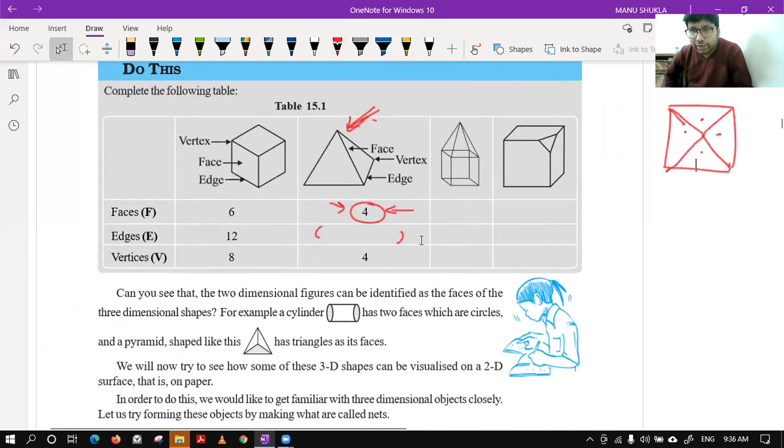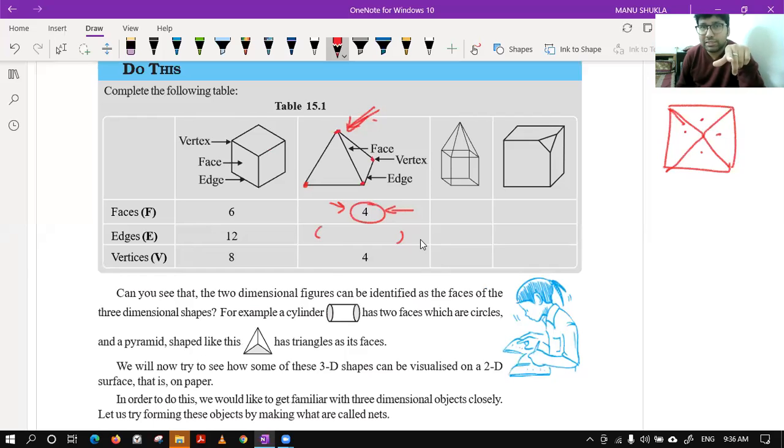I hope you're getting my point. So there are only four faces in this pyramid. Okay. So this one is a triangular pyramid. Now the vertices: one vertex, second vertex, third vertex, and fourth vertex. So this point is clear to us now that the diagram given to us is a triangular pyramid.